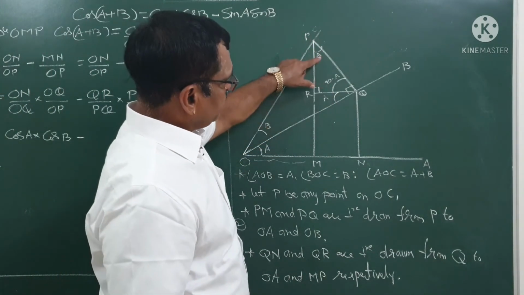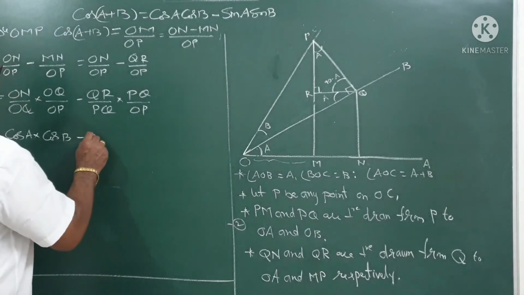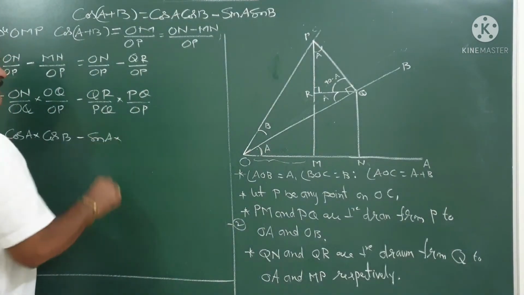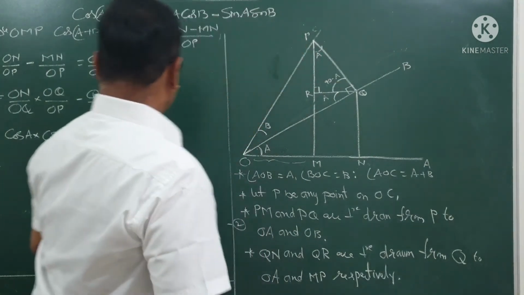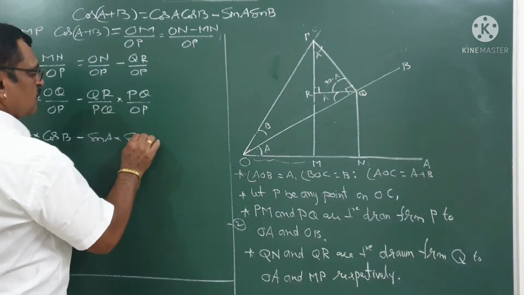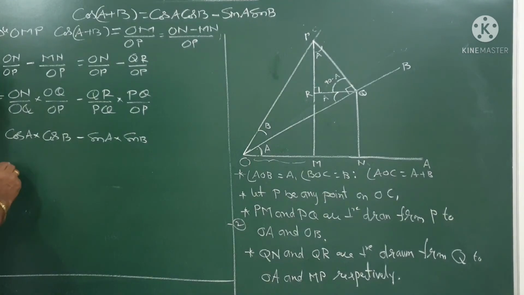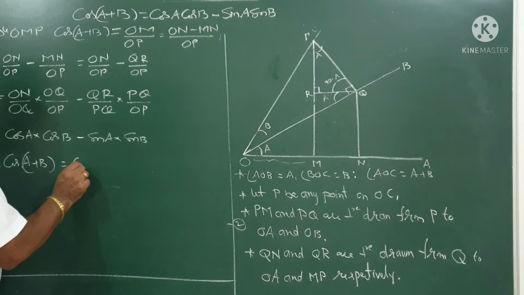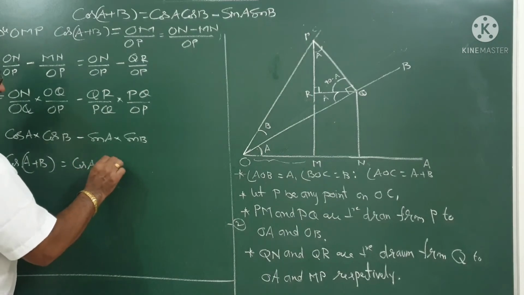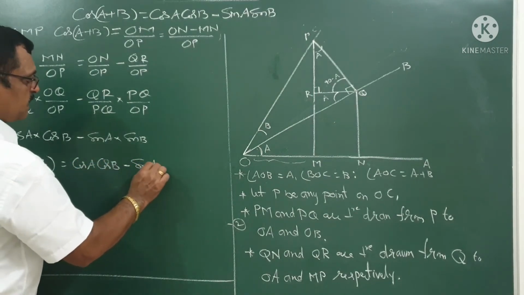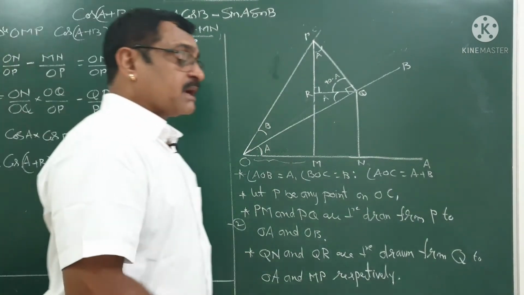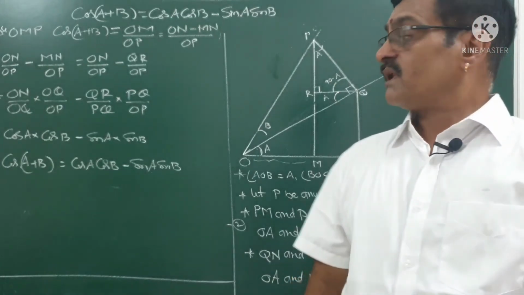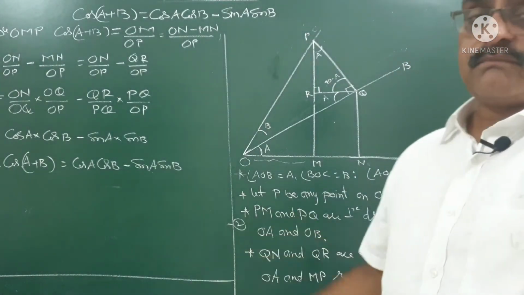QR by PQ is nothing but sin A, times PQ by OP, which is sin B. We got the answer. Therefore, cos of A plus B is equal to cos A cos B minus sin A sin B. Once you know how to do sin of A plus B, cos of A plus B becomes very easy.